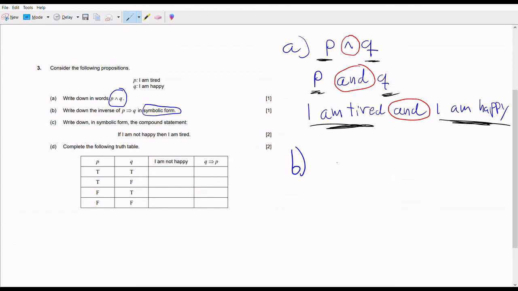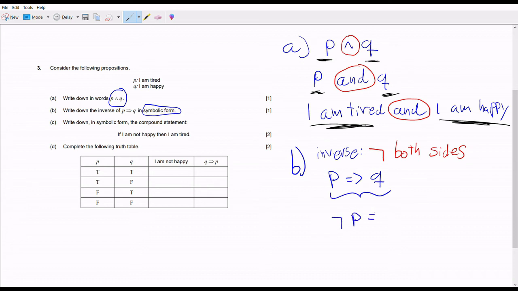Again, I went more in depth with this in the first logic video, but inverse is simply adding a not to both sides. So symbolically, if we do the inverse of this, we end up with not P implies not Q.